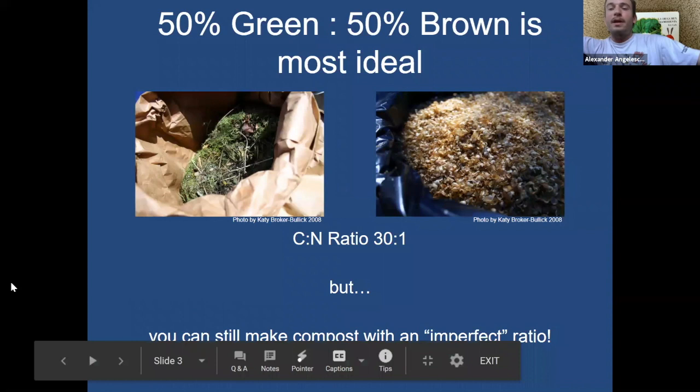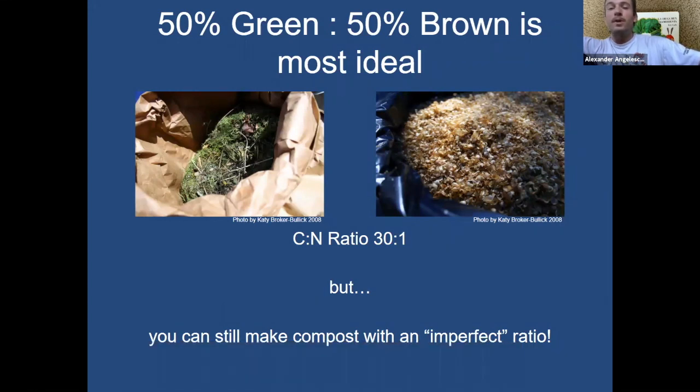And here we start talking about how we're feeding our compost piles. So we have greens, which you can see as nitrogen, and 50% brown, which would be our carbons. You can think of browns as dead leaves in the fall, and greens as, maybe Roger or Simon can help me out with this one.